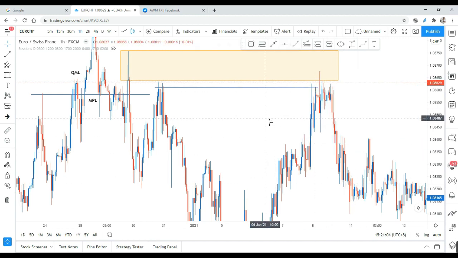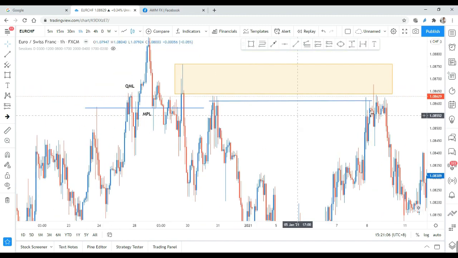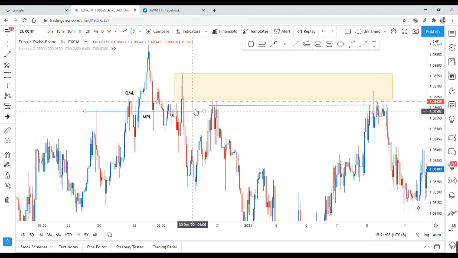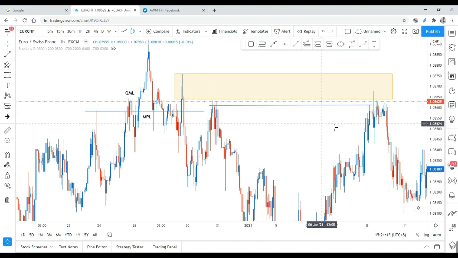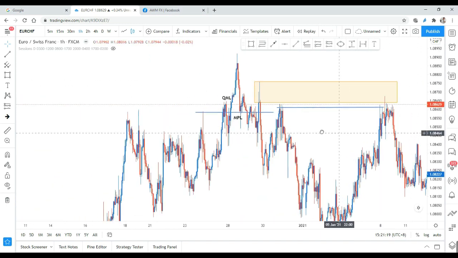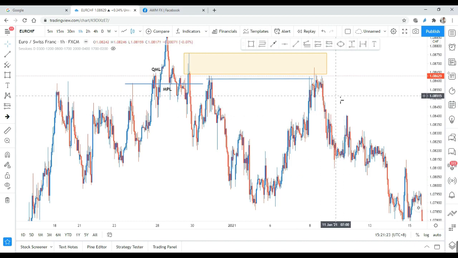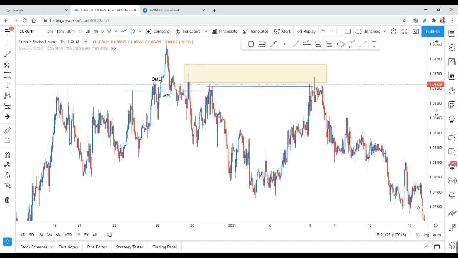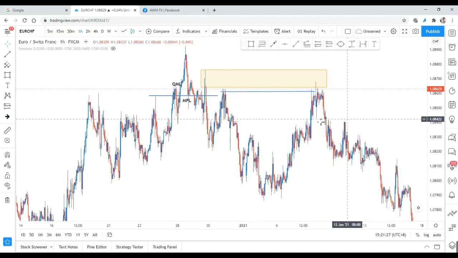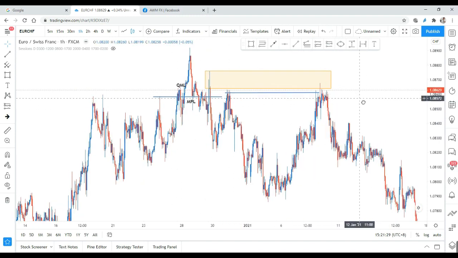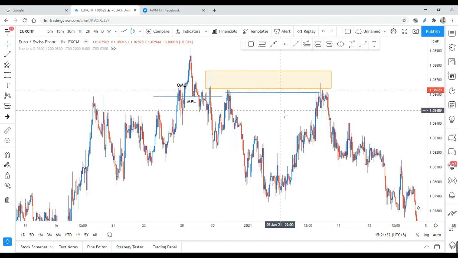So now we have QML, we have MPL, we have fresh zone, we have the fake out R1, R2, R3. Then this is a very, very beautiful movement. You can see QML. All right, so the first question, hopefully I did answer. All right, this is how you trade the QML.